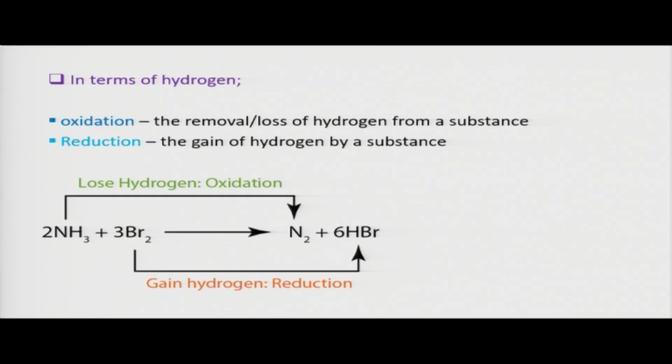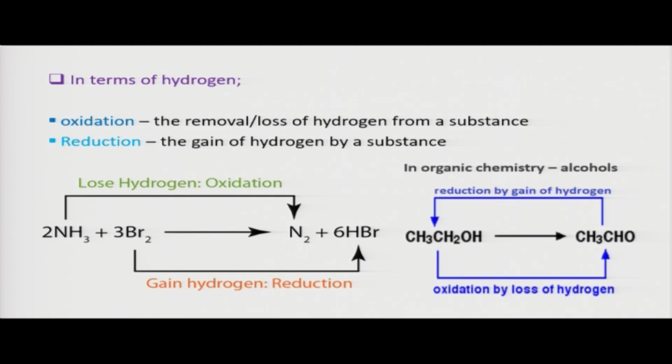If we go to an advanced case in organic chemistry, we normally say that alcohols are oxidized to carbonyl compounds. In this case, this is ethanol. Get the ethanol, the normal ethanol you drink, oxidize it by losing hydrogen, then it will form ethanal. Losing hydrogen becomes oxidation.